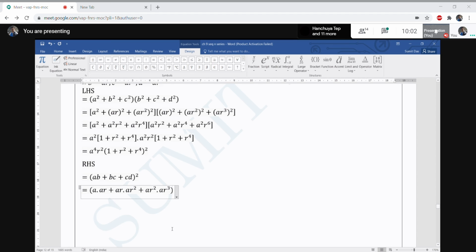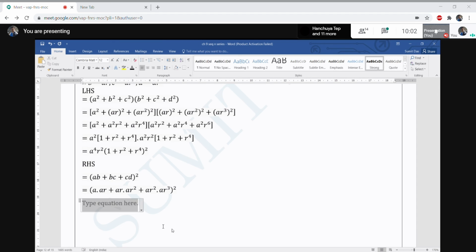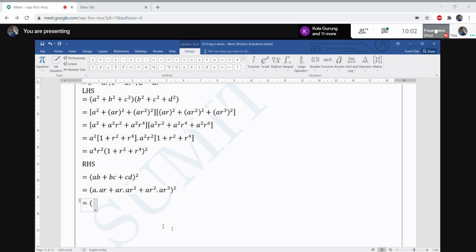Next line it will be a square r plus a square r to the power 3 plus a square r to the power 5.